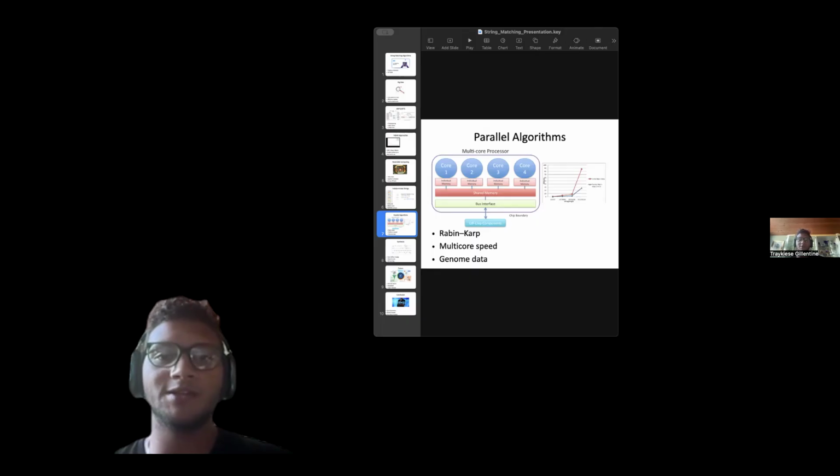This work showed that string matching can benefit from modern hardware advancements. Looking forward, parallel string matching on GPUs or distributed systems could make these algorithms even faster, opening new doors in information retrieval and big data analysis.